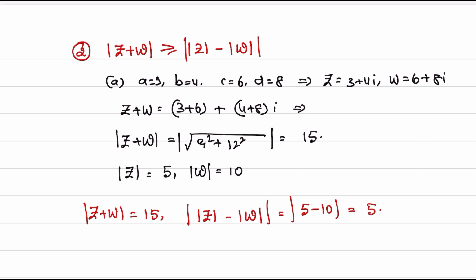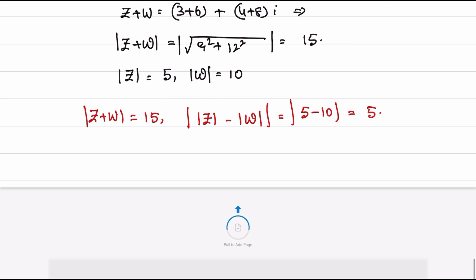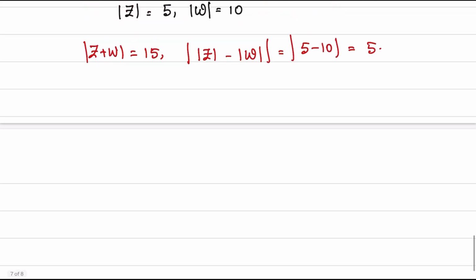That means Z plus W is always more than the difference. Modulus of Z plus W is always greater than the absolute value of modulus of Z minus modulus of W. This we have proved.